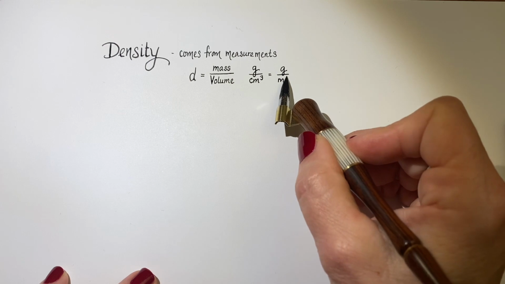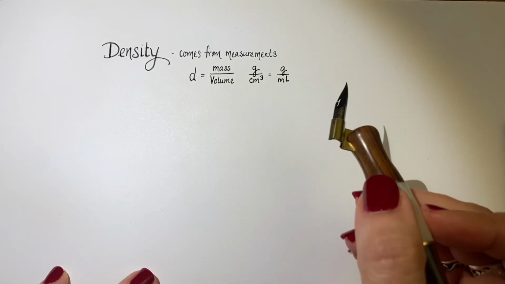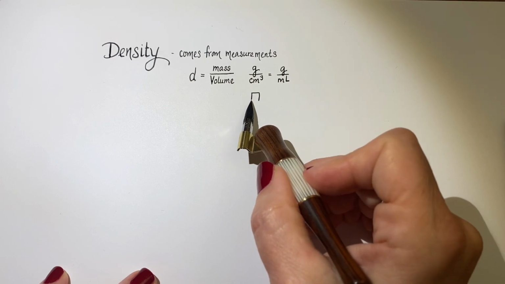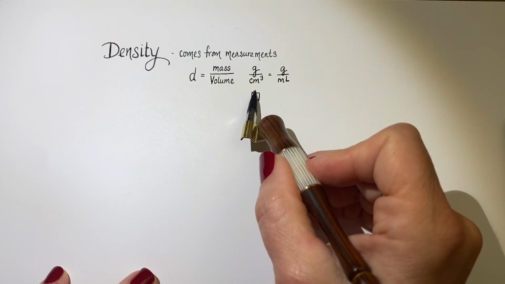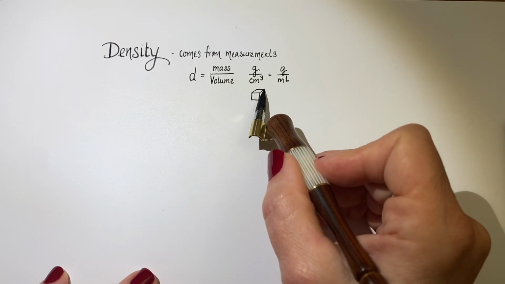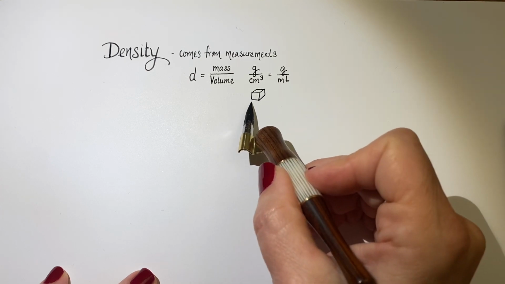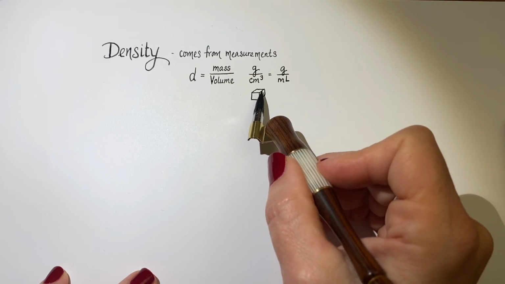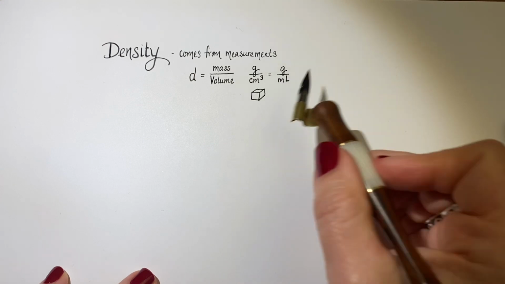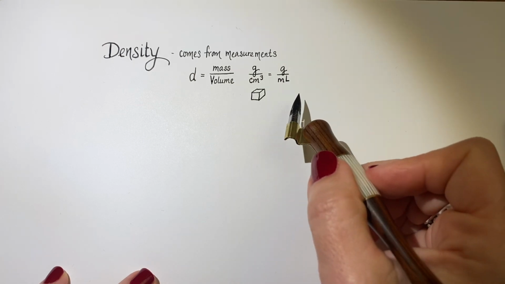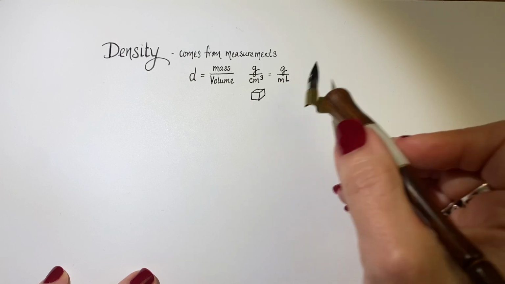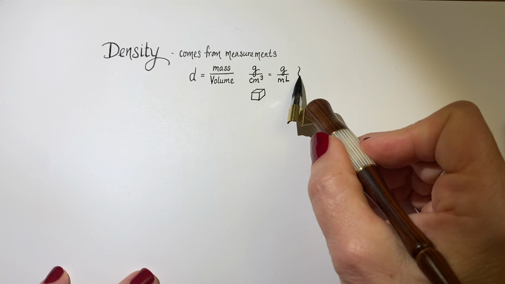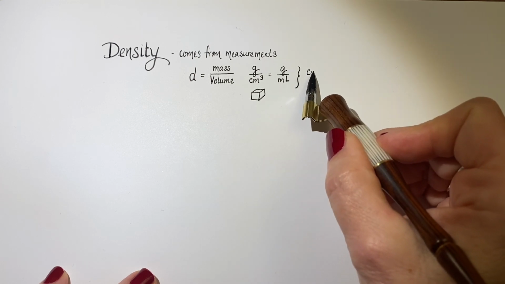Those units are the same. Okay, so a centimeter, if we were to measure this out, and this were 1 centimeter times 1 centimeter times 1 centimeter, this takes up a volume, and that is 1 milliliter. So these units, as I said, these are common for liquids and solids.